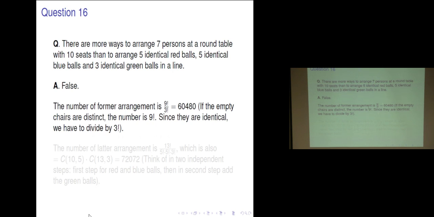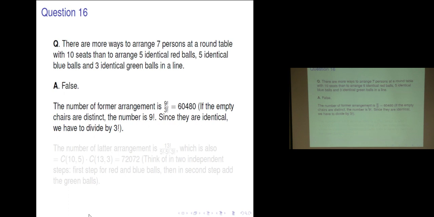Again, we have learned how to arrange people on a circle. So we have 7 persons. In the lecture, the solution is to imagine there are 3 distinct ghosts occupying the empty seats.